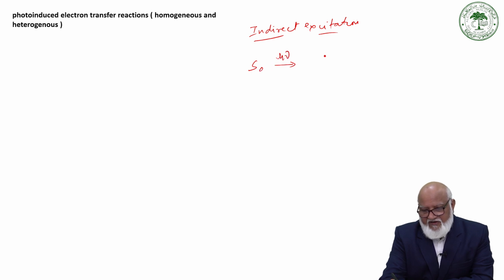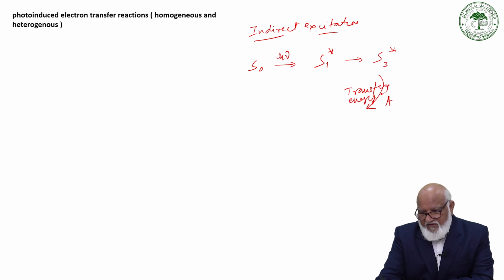On absorption of light, it goes to an excited singlet state, and then to an excited triplet state, and then it transfers energy to molecule A, and molecule A goes to an excited triplet state.